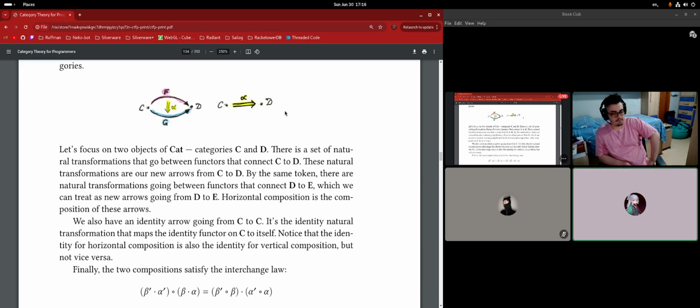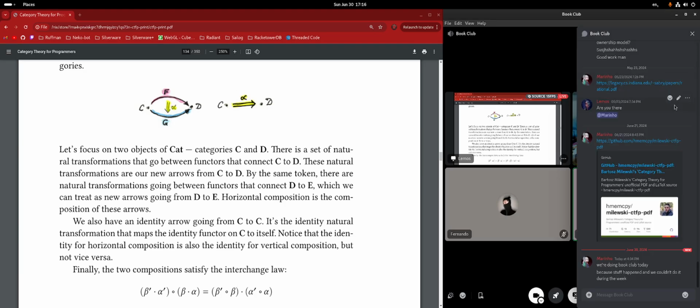the identity functor, which maps C to itself, would basically be ID of F of A to F of A. Yeah, so it would be basically something like this, right?